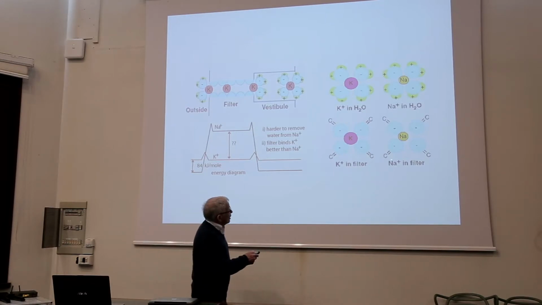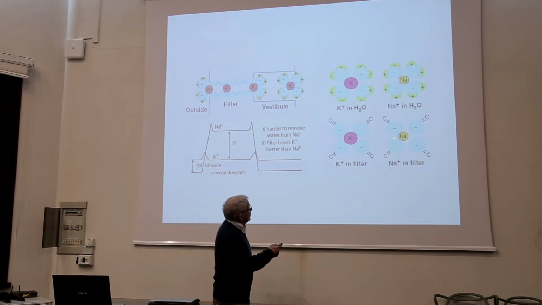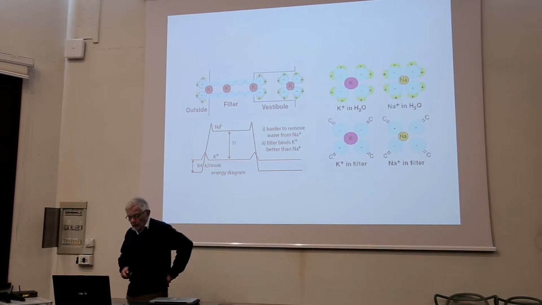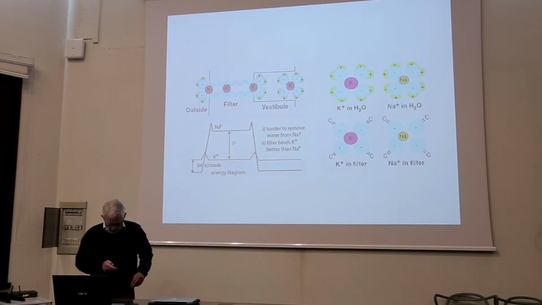And the sodium ion, on the other hand, cannot go in here because if it lost its water coat, it really would not bind well to the carbonyl groups in the selectivity filter. So it would leave an empty space, and that's enough to mean that the sodium ions won't go in appreciably.